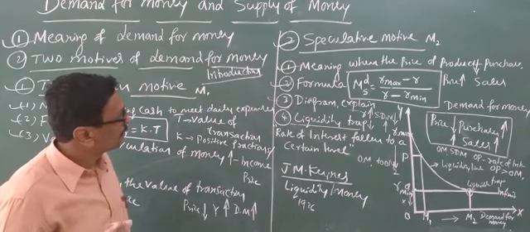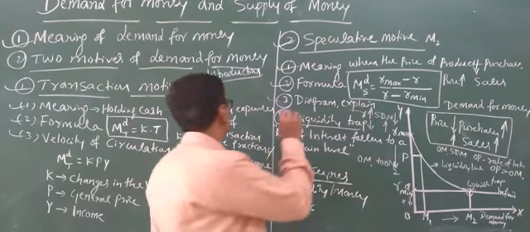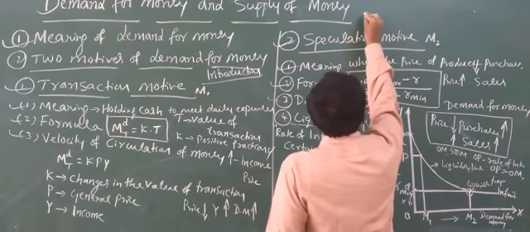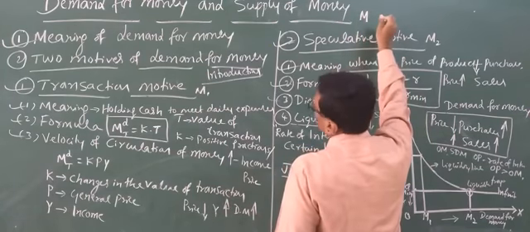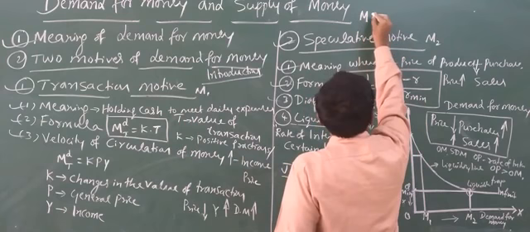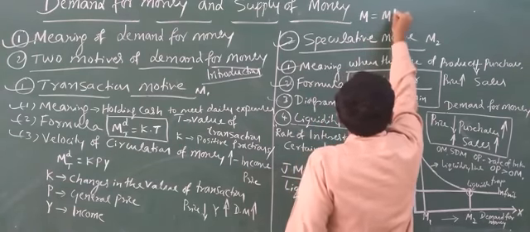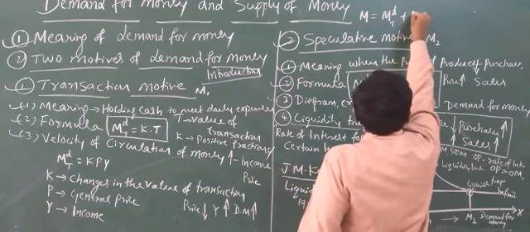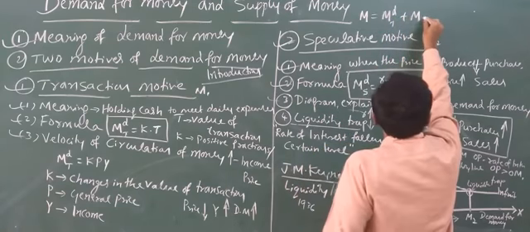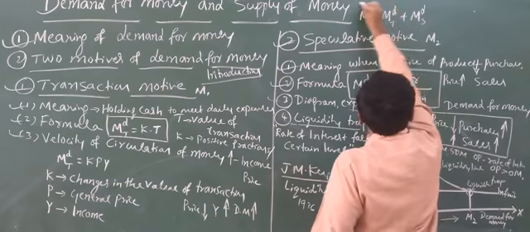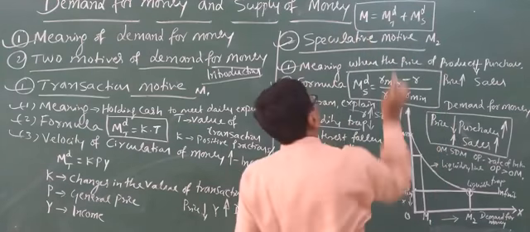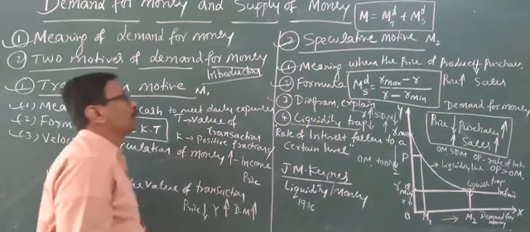Aggregate demand for money can be clarified with the help of one equation: M equals MdT plus MdS, that is, M = M_d^T + M_d^S. That one equation indicates aggregate demand for money.